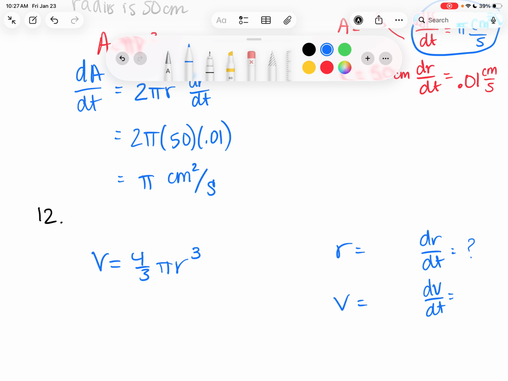So the other thing then that I would need is the formula for surface area, where that is S equals 4 pi r squared. Yeah, I think that's right.